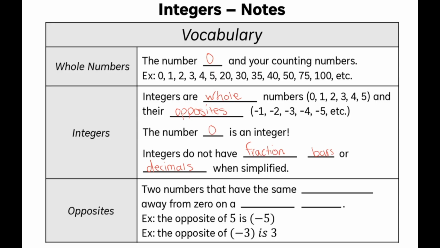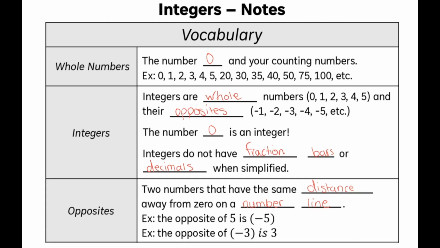Now let's go over opposites. Opposites are two numbers that have the same distance away from 0 on a number line. Now let's look at the two examples.